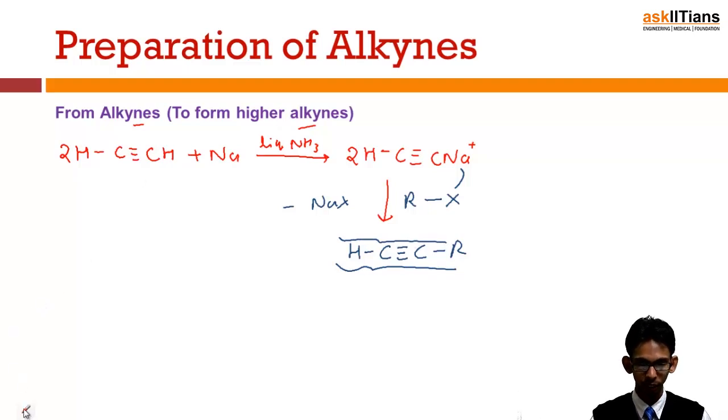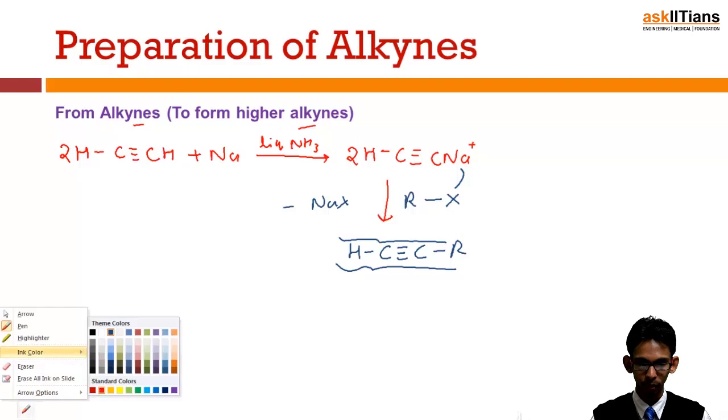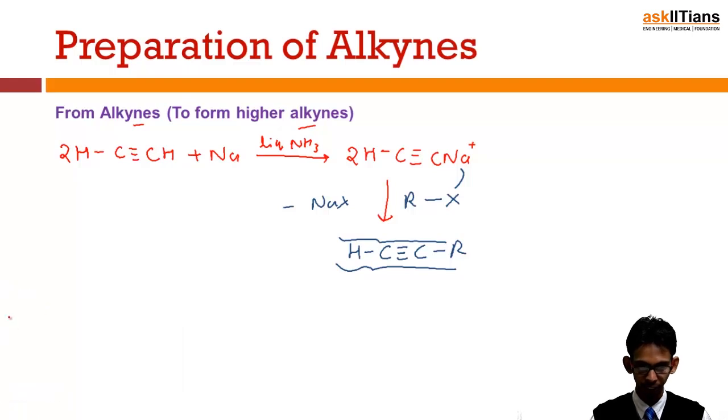Another method is using Grignard reagent. Let's say we have taken the same compound, ethyne. When it is reacted with Grignard reagent, RH comes out, and we get HC triple bond CMgX.